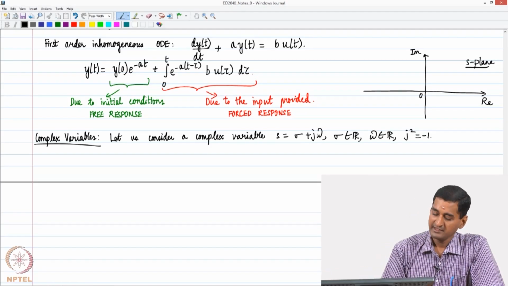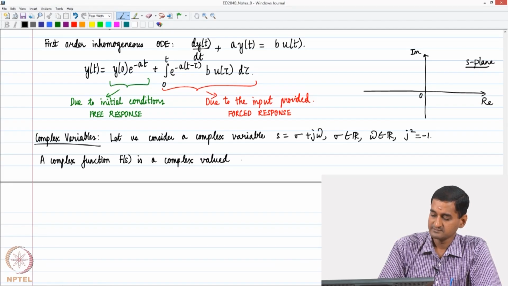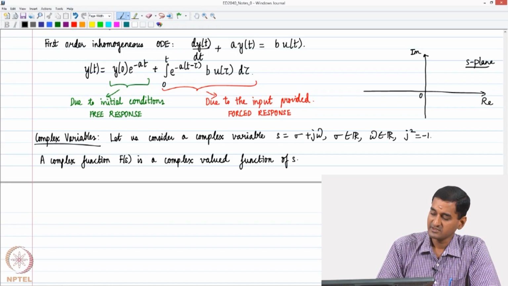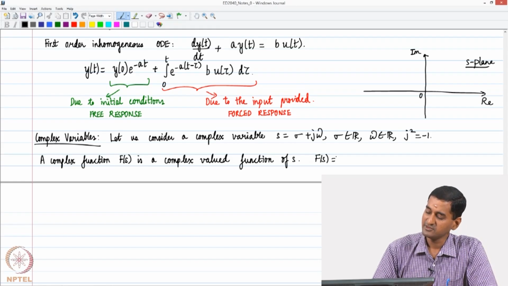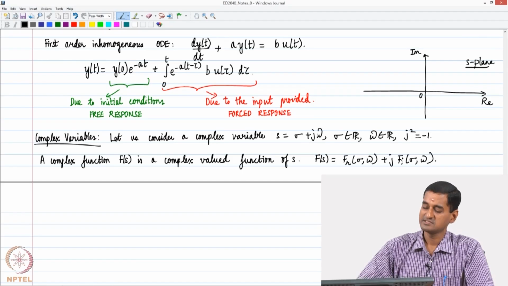And a complex function f of s is a complex valued function of s. Typically we write f of s equal to some f_r, the real part, of sigma, omega, plus j f_i, the imaginary part, of sigma, omega. That is a typical split.